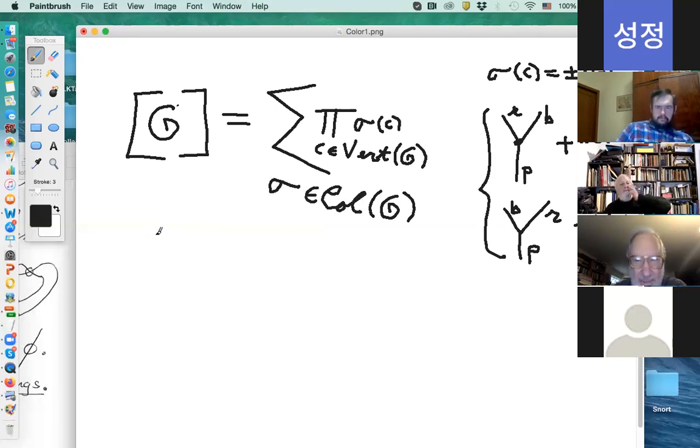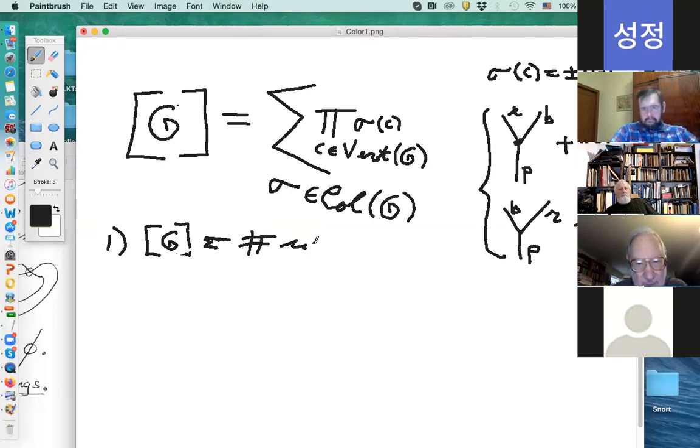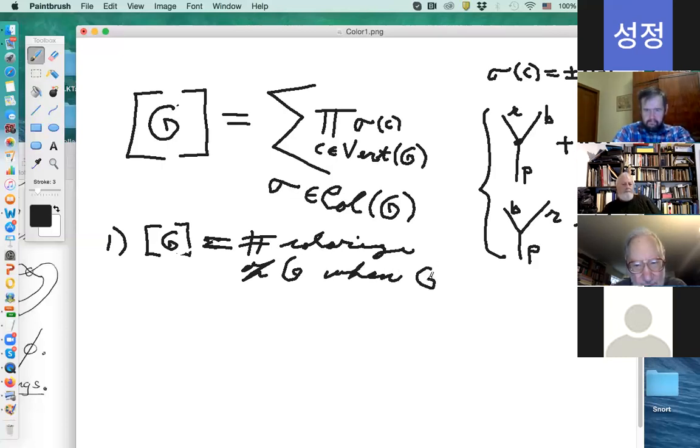So we want to use this definition and show that this does what it should do. So the first thing is we need to show that bracket G will be equal to the number of colorings of G when G is embedded in the plane, when it's planar.